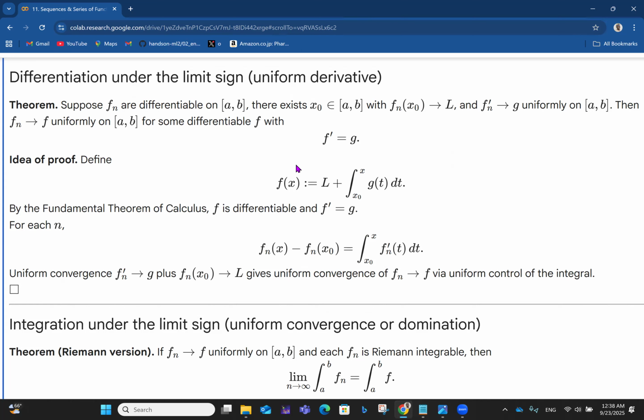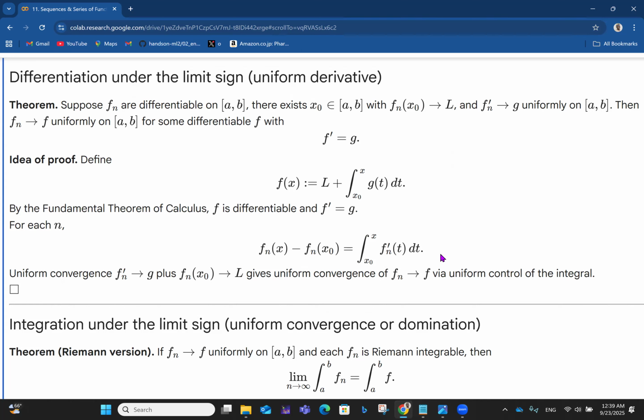So you define an F of x as L plus the integral from x naught to x of G of t dt, right? By the fundamental theorem of calculus, I think we saw this in an earlier video, we say F is differentiable and F prime is equal to G. So for each n now, you can say that Fn of x minus Fn of x naught is equal to the integral from x naught to x of Fn prime of t dt.